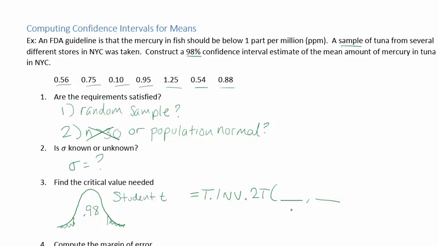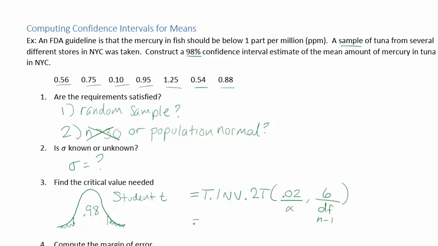The two inputs for this function were the alpha value, which in this case is 0.02. Remember that is 1 minus our confidence level. And then the degrees of freedom. And the degrees of freedom in all of these problems is n minus 1, meaning 1 less than the number of things in the sample. So in this case, this would be 6.